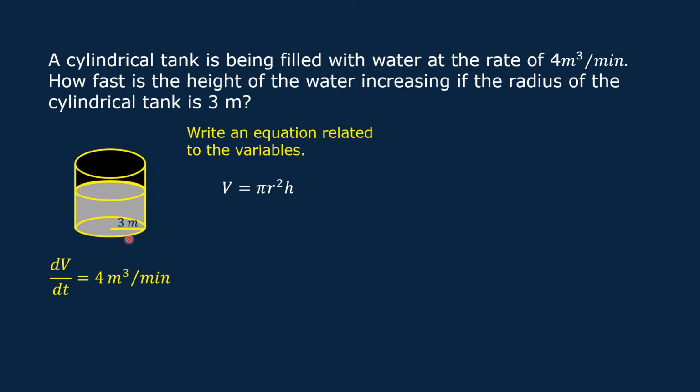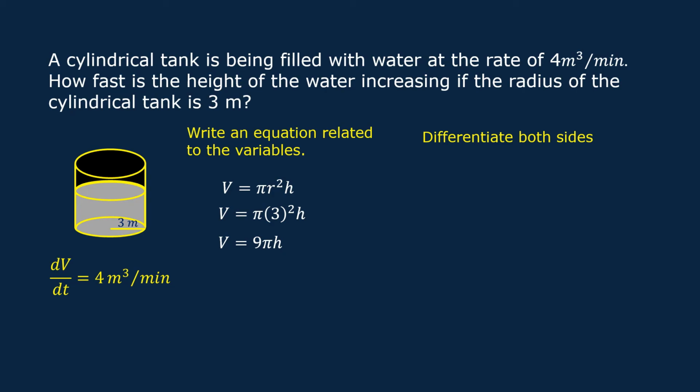So the radius of the tank will remain the same. So we have now V is equal to pi times 3 squared h. This is now V is equal to 9 pi h.